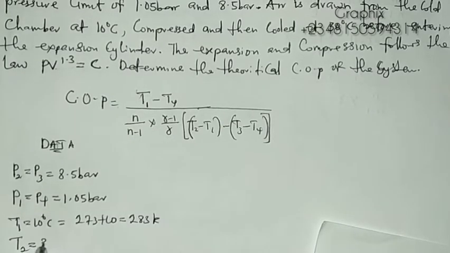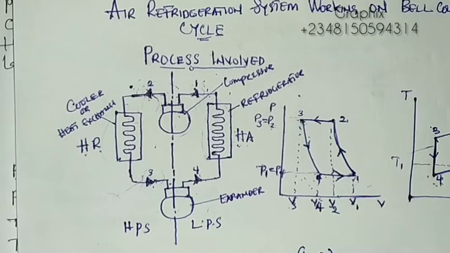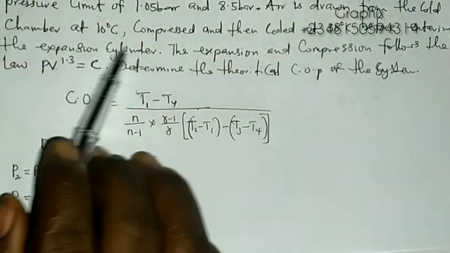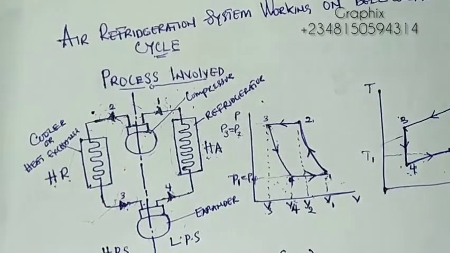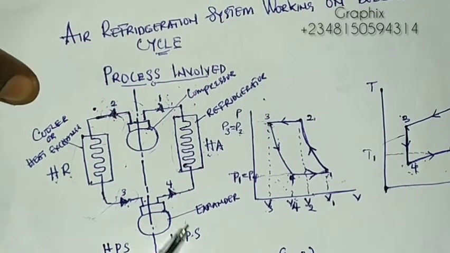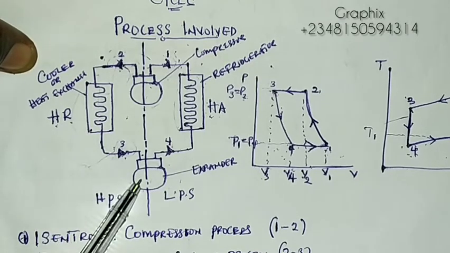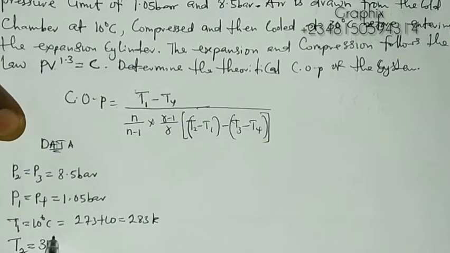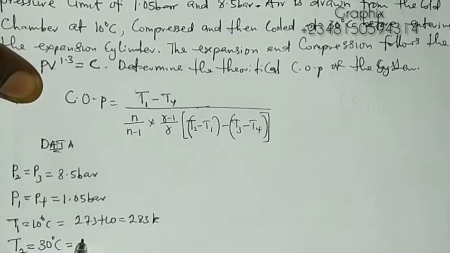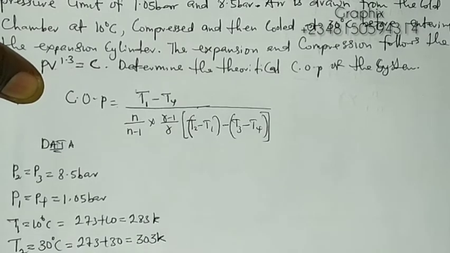Read the question very well. Compressed and then cooled at 30 degrees before entering. So after being cooled, it's at state 3 before entering the expansion valve. So that will be T3. T3 will give me 30 degrees Celsius. If you convert it into Kelvin, it will be 273 plus 30, and that will give me 303 Kelvin.